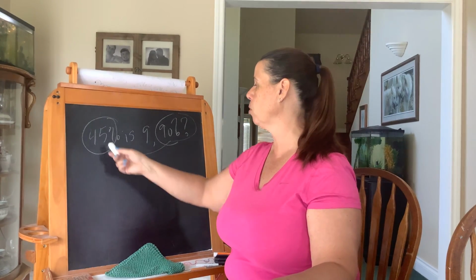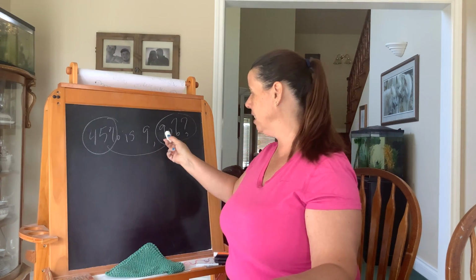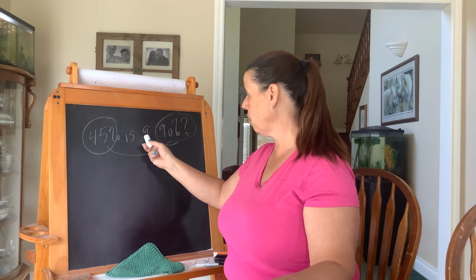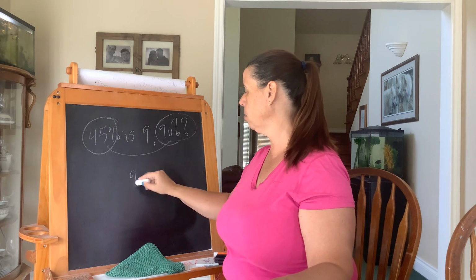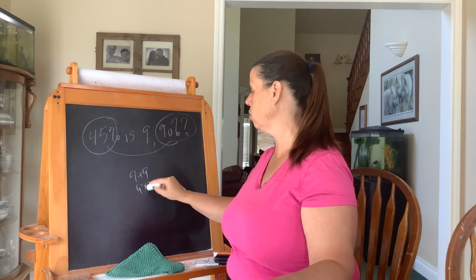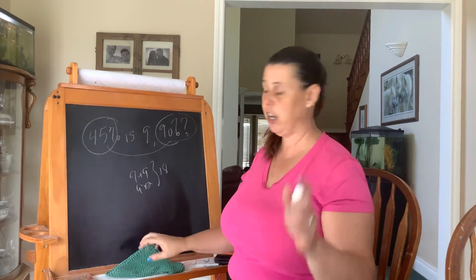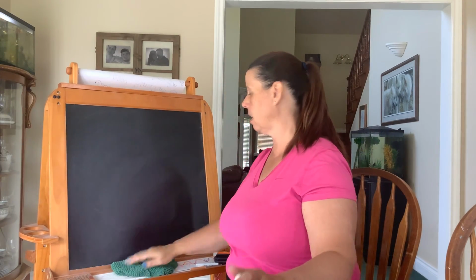What's the relationship between 45 and 90? 45 doubled is 90. So if I know that this is 45, if I double it, it'll make it 90, right? So 9 plus 9, or 9 times 2, your choice, they're both 18, okay? So you have to find the relationship between what you have and what they're asking you, okay?